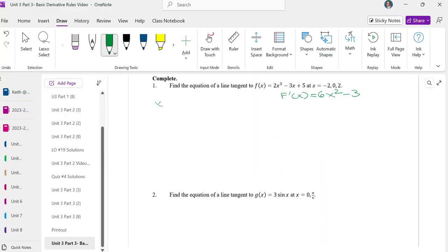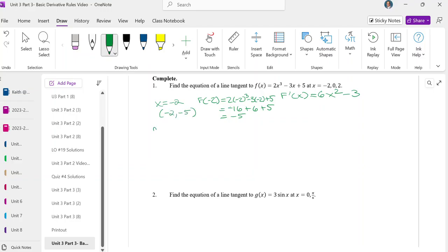So now when x equals -2, well, f of -2 was 2 times -2 to the third minus 3 times -2 plus 5. So it's -16 plus 6 plus 5. So it's -5. So you have the point -2, -5.